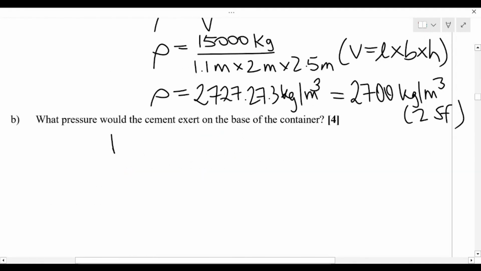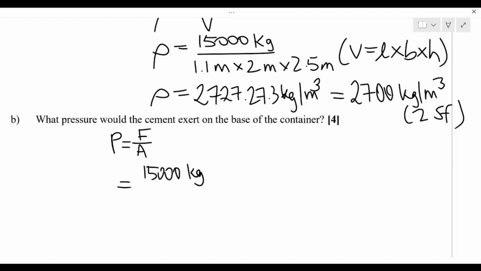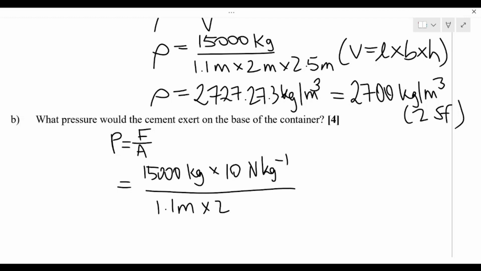Therefore, since pressure is equal to force over area, where area is the base of the container, that is going to be equal to the mass times acceleration due to gravity over the base dimensions, which gives us 68,181 newtons per meter squared.